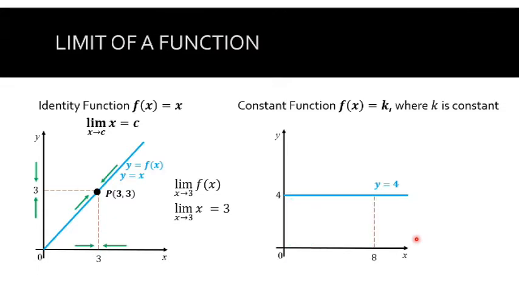Or if we find the limit of the function as x approaches 8, it is still equal to 4. So the limit of 4 as x approaches any value c is still equal to the constant value 4. In general, the limit of k, which is the function, as x approaches any value c, is equal to k itself.